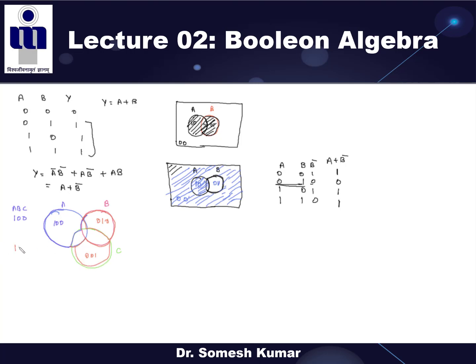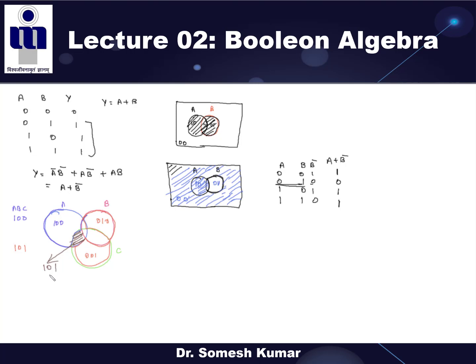Now, what is 1 0 1? So A is this, C is this, right? And B is 0, which means the B part is not there. So only this shaded area, right? This shaded area is 1 0 1, right?